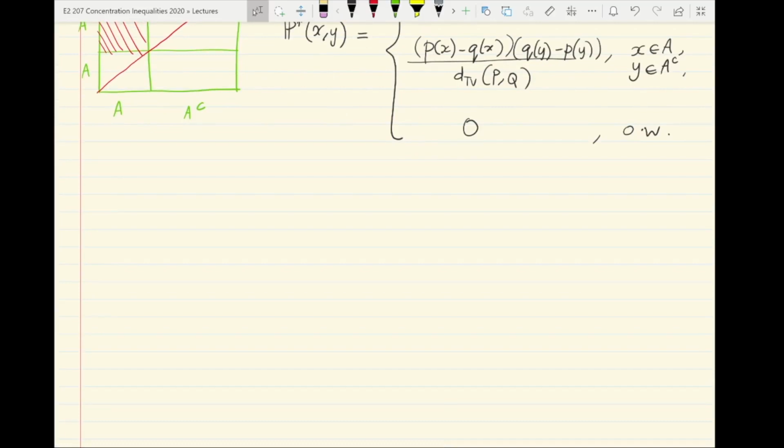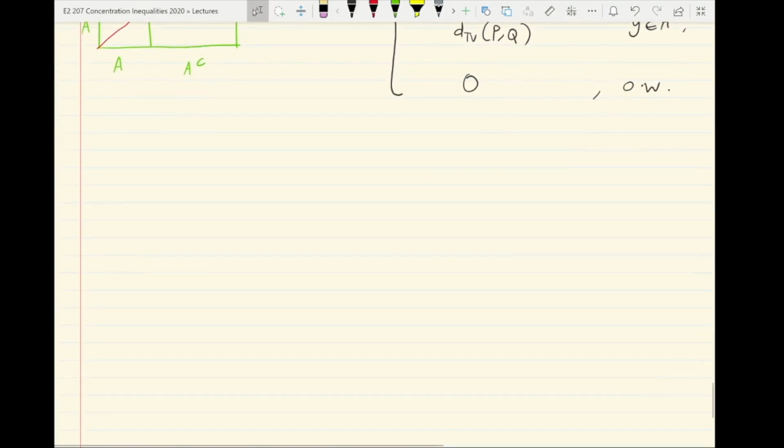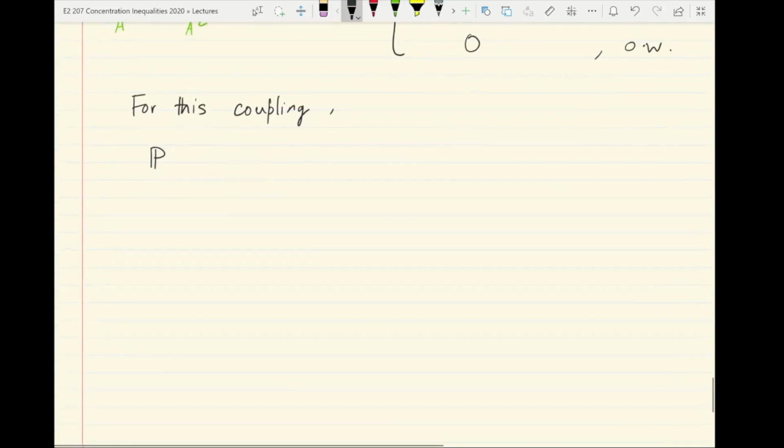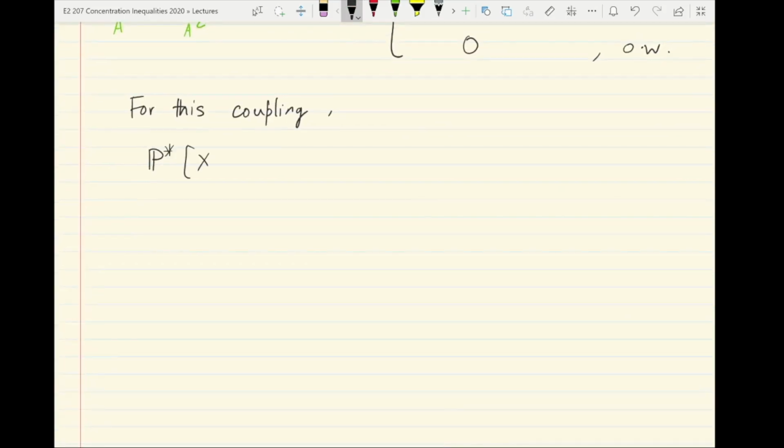So for this coupling, we can easily evaluate P star(X not equal to Y | X equal to small x).